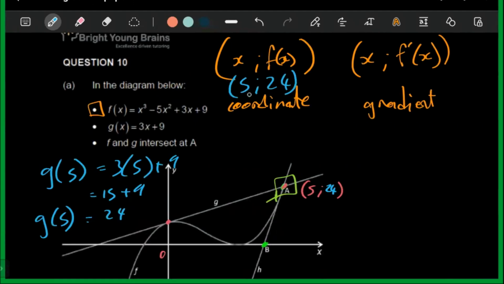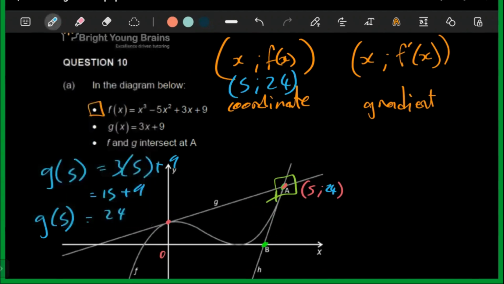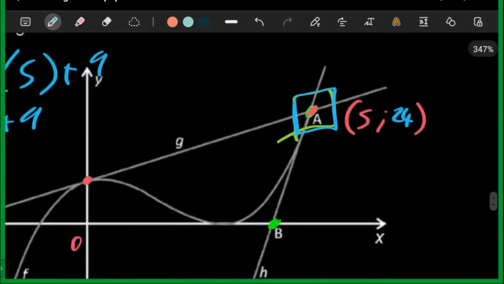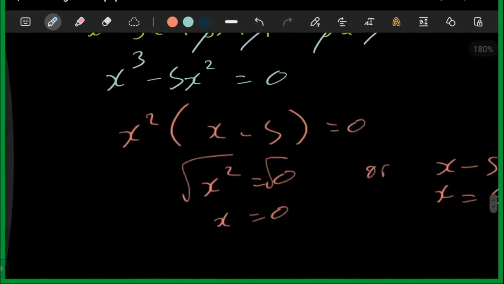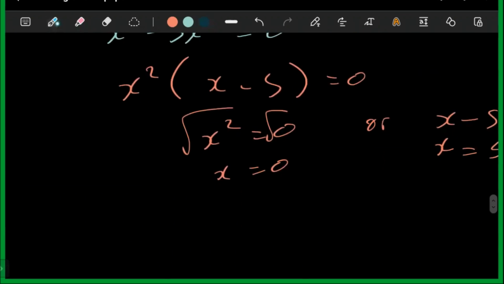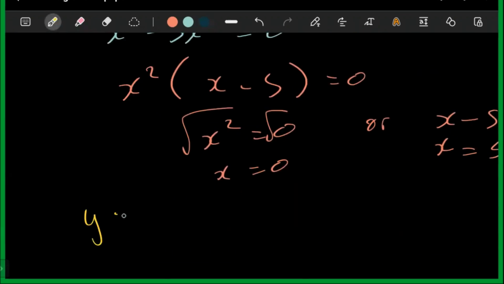What's important is actually the value 5, because the value 5 is the same 5 that will get you the gradient at the point where they meet. Because the gradient here at the point where they meet is also the gradient of the tangent. The reason we need that is because if you want the equation of our tangent, the standard form of any straight line is mx plus c.